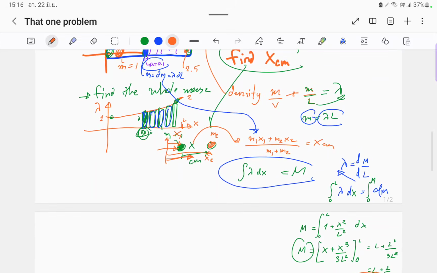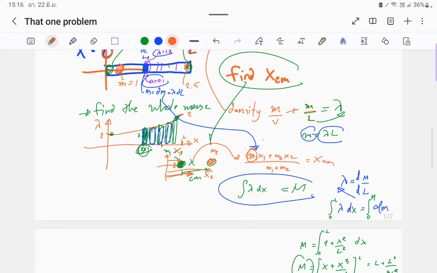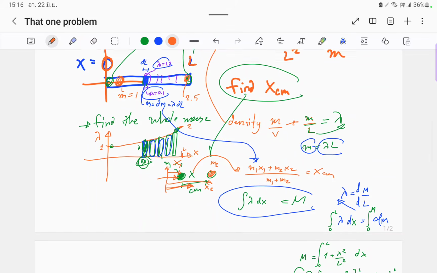Okay, now we have to find this section, and in that section what you need to do is multiply the little m with the x value, how far that little piece is from the center, or 0.